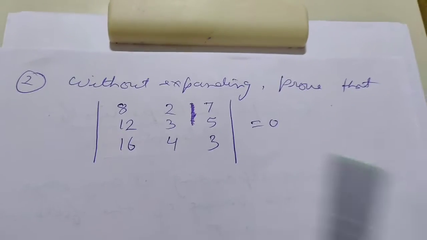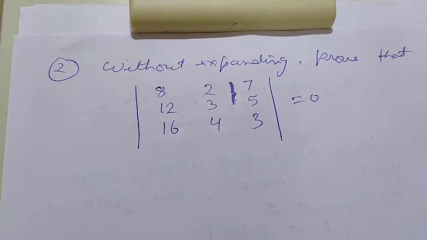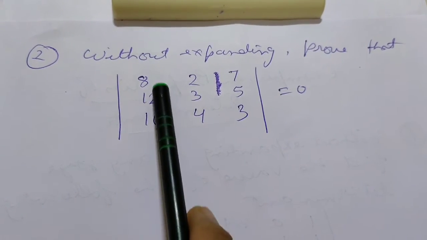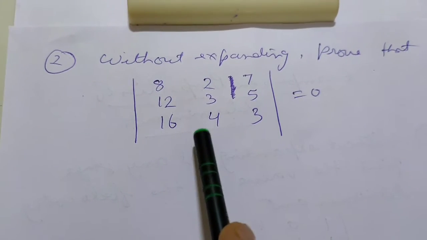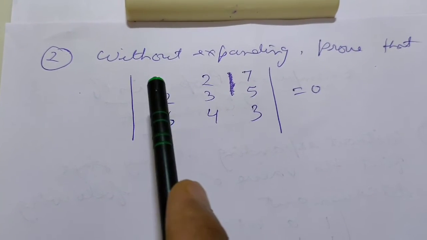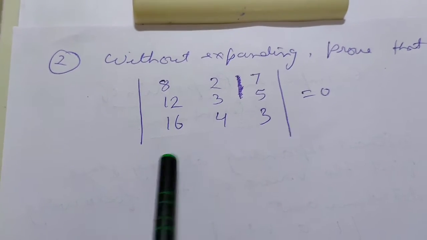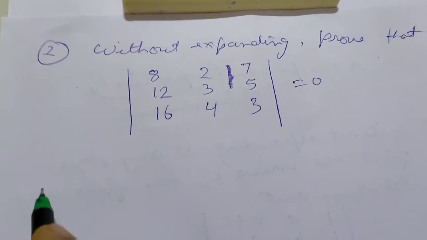So what we can do? We can take out 4 from all the three elements of column 1. What will we get then? 2, 3 and 4. In that case, column 1 and column 2 will become identical and the value of the determinant will become 0. So let us do this one.